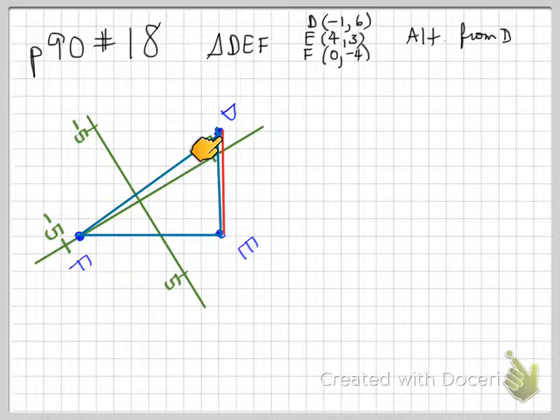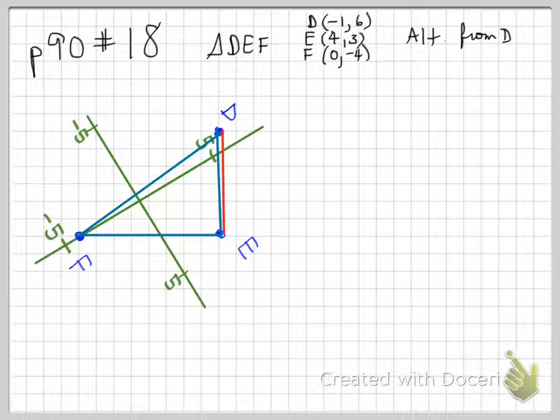Once you find the slope of the red line, you can use vertex D and the negative reciprocal slope of this EF to find the equation of the altitude. That would be the red line. So again, it's slightly off, and that's why in the back of the book it looked like it was a right angle triangle, but it really isn't. So you're to find an equation from vertex D, and that could be one of the questions.